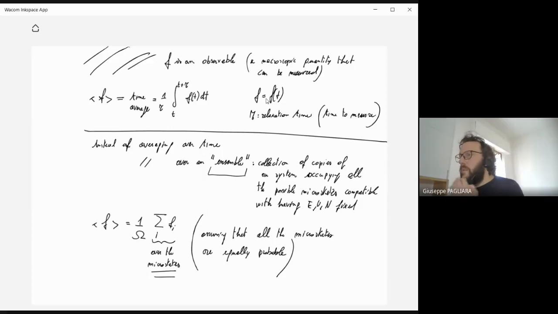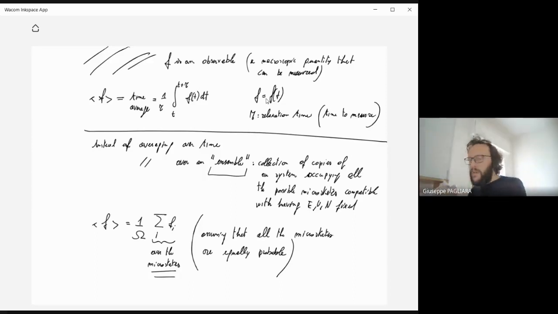So you might remember this. And here it is the same. In that case, all the possible states are equally probable, and there were k possible states, 2 in the case of a spin 1/2 particle, for instance. Whereas here, we are talking about something a little bit more complicated, which is a microstate, and we will see now how to define it, where we are saying that basically all the microstates are equally probable.